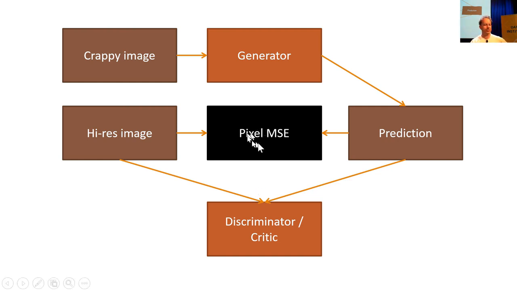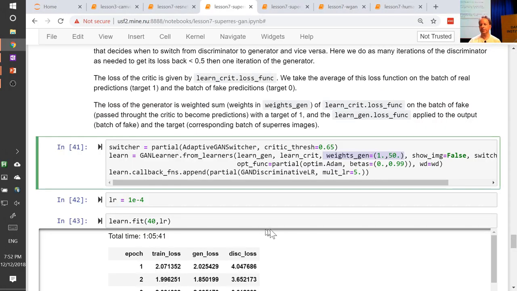So we add together the pixel loss and the critic loss. Those two losses are on different scales, so we multiply the pixel loss by something between about 50 and about 200. Again, something in that range generally works pretty well.